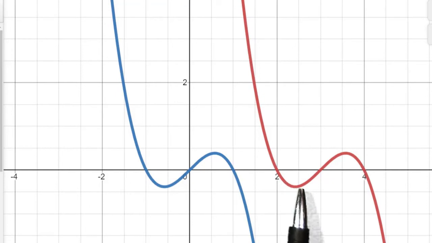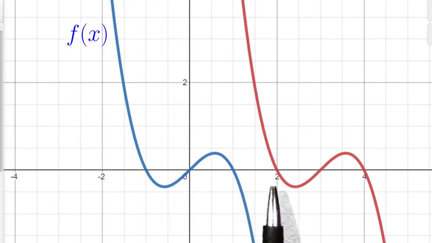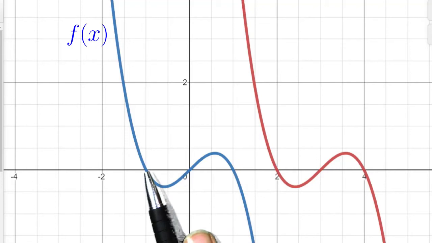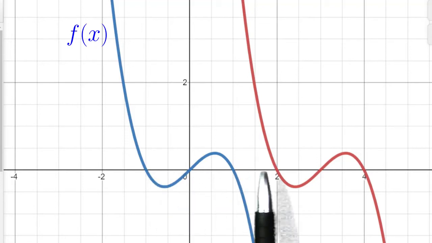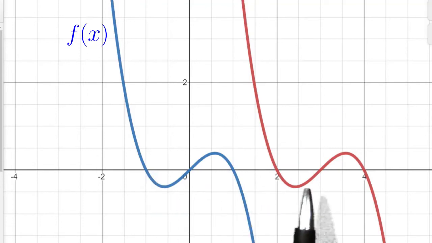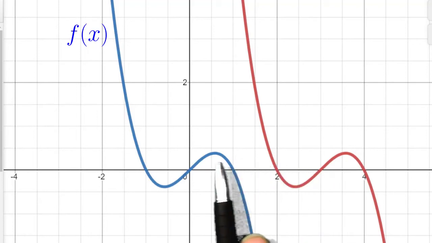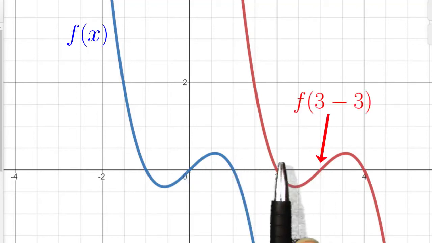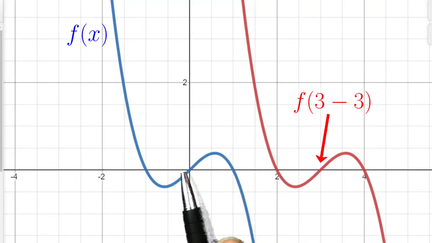Let's talk about how to get the graph of the red function from the graph of the blue function. Well, the value of the red function at 2 is the same as the value of the blue function at -1. That's 3 less than 2. The value of the red function at 3 is the value of the blue function at 0. That's 3 minus 1, 2, 3.